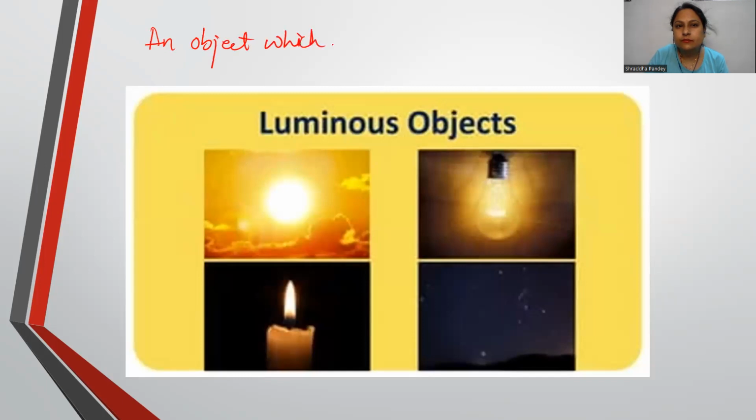For example, the sun emits its own light. An electric bulb emits its own light. A candle, when we light it, emits its own light. Stars too. So these are luminous objects.